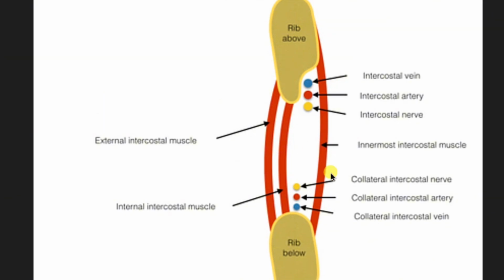It is found between the middle and innermost layers, and it is protected by the costal groove of the superior rib of each intercostal space. Their order is: first the intercostal vein, then the artery, then the nerve. You can memorize it as VAN.